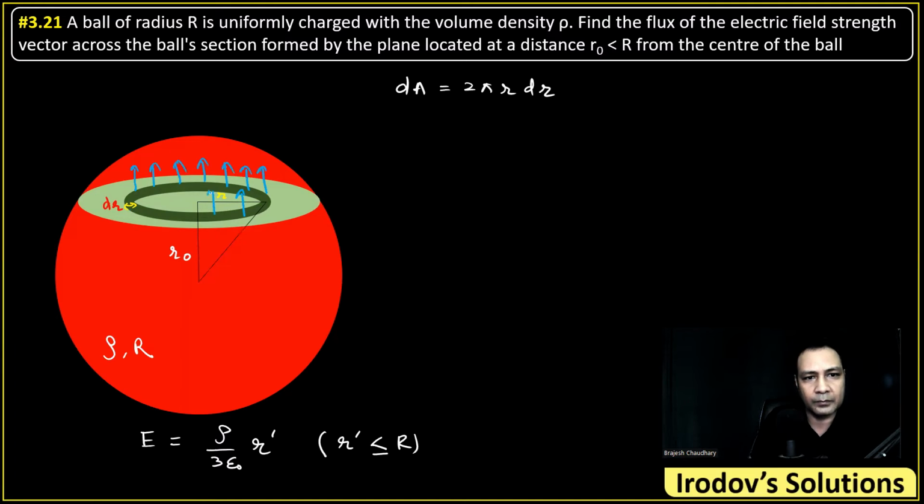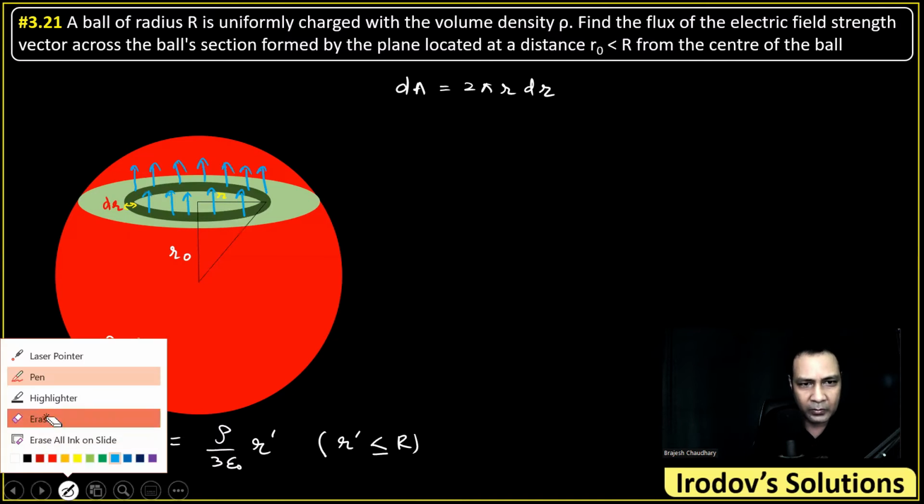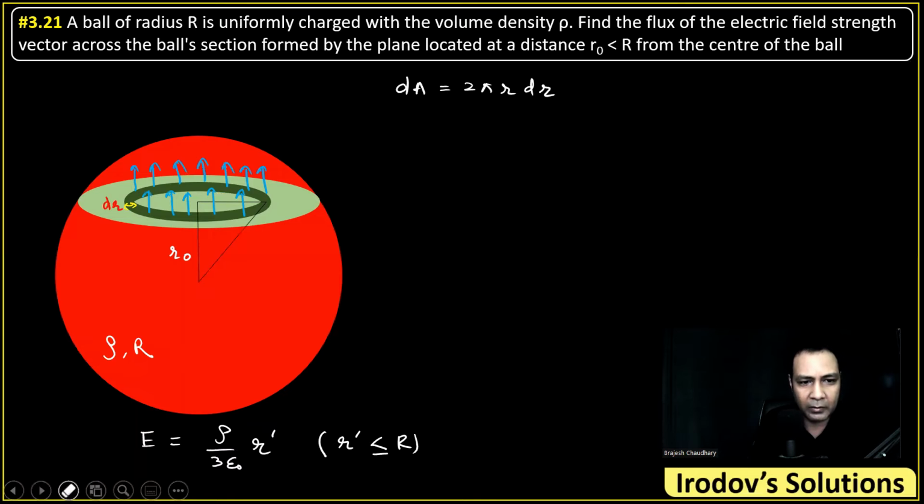This is radius r, the thickness is very small, and the distance of all these points from the center is r dash. And at this point, this is the electric field. This light blue color is the area vector.